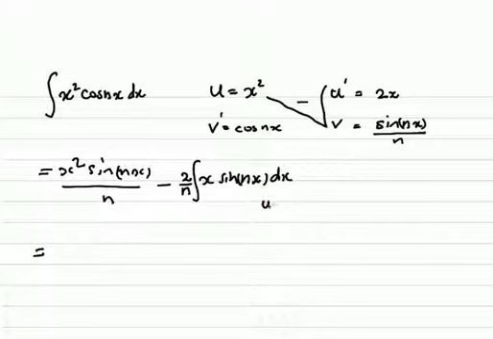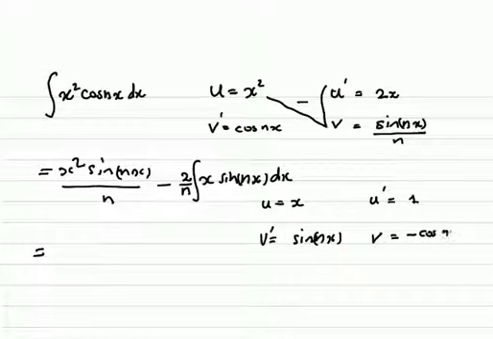Now our choice of u will still be x, and the u prime in this case is going to be 1, and our v prime is going to be sine nx. Then our v in this case: sine is the derivative of minus cosine nx divided by the derivative of the argument. Let's cancel that and put an equal sign there.